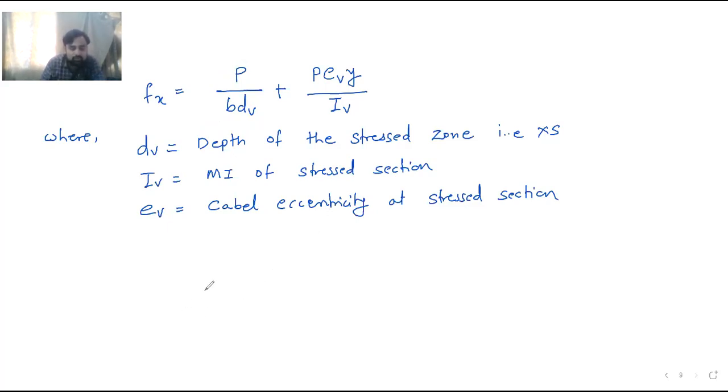Okay. Now for shear stress Q, now a direct formula is there for this.